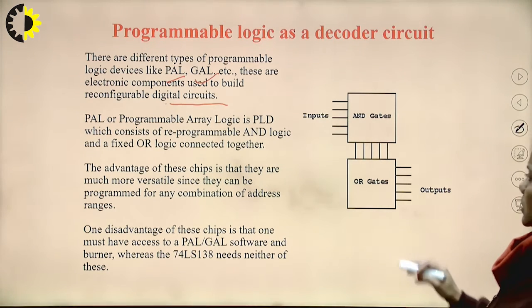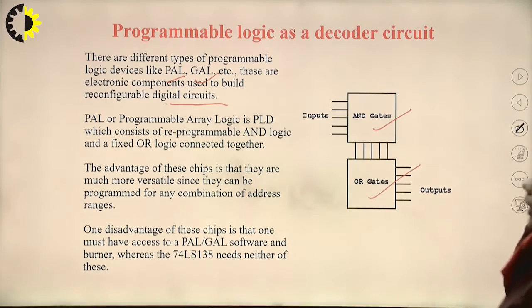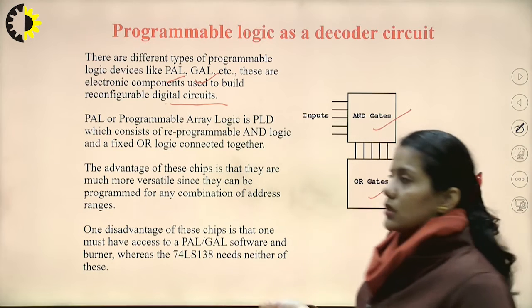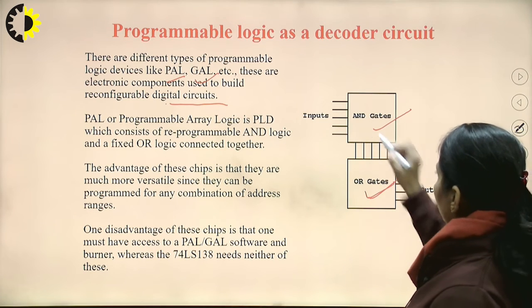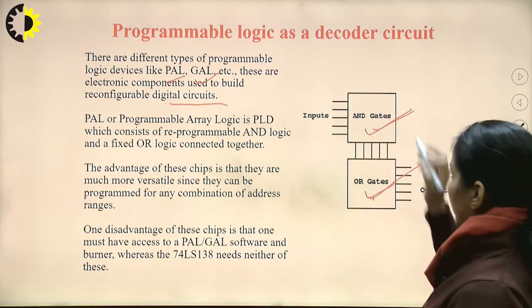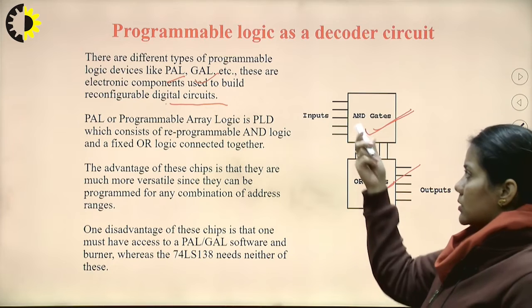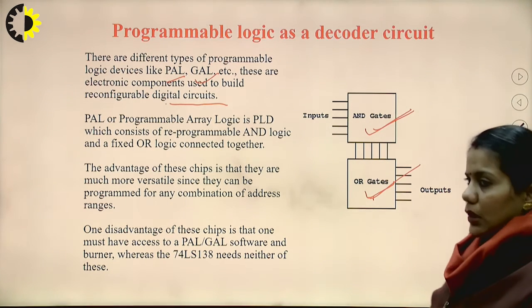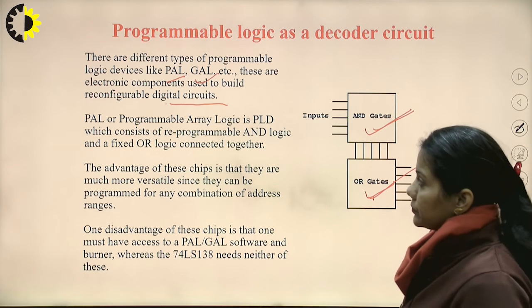As we can see, there is an array of AND gates and OR gates, and according to the technology used, whether it is GAL, PAL or PLA, these can be made programmable or non-programmable. In this way, the combination of the AND gates and the OR gates is used to make the decoder, to make the chip select logic.